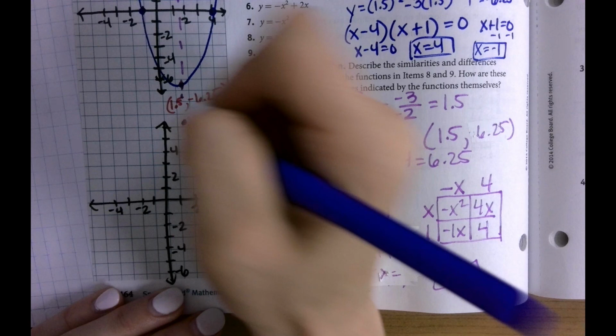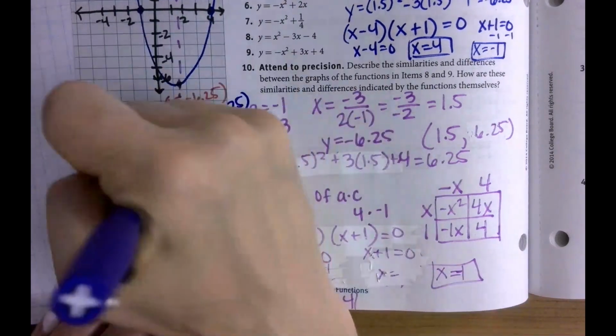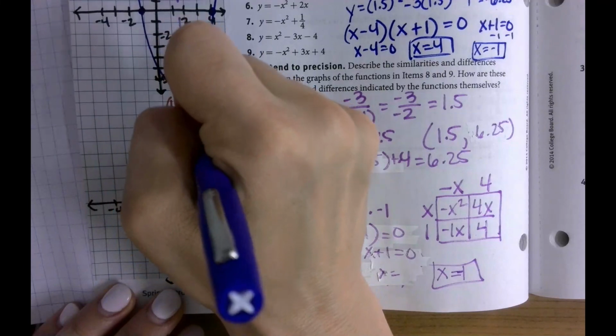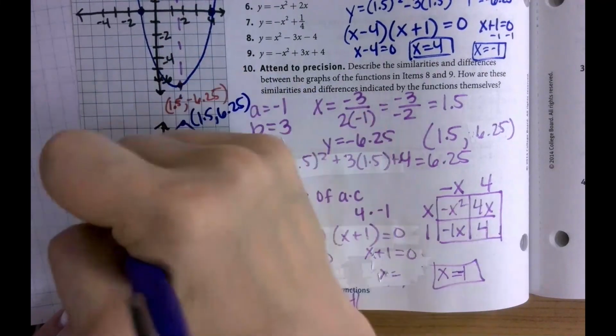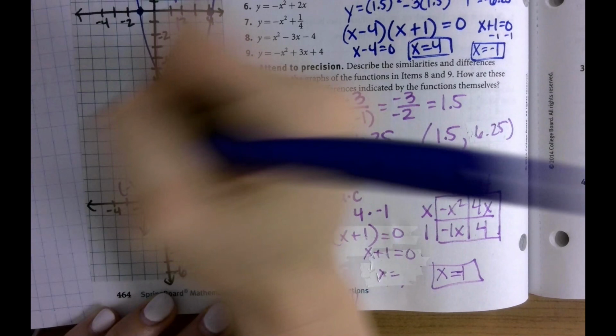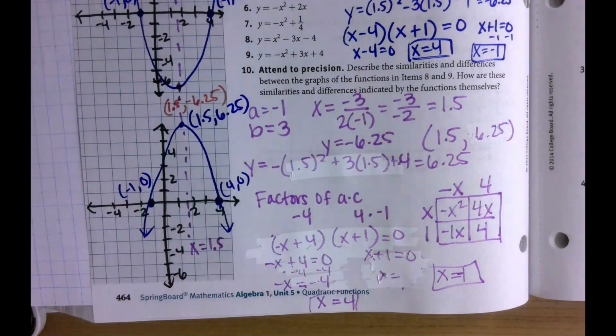Then our x-intercepts are x equals 4 and negative 1. And then this is going to be that upside down U-shaped parabola, because it was negative x squared. And then over here, let's go back and label those. And then our axis of symmetry is also still x equals 1.5.